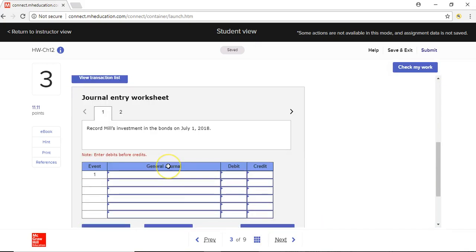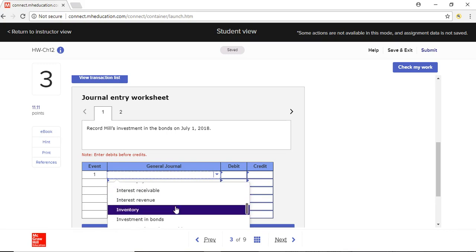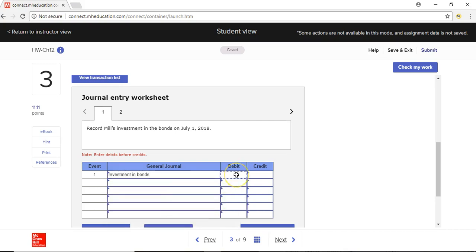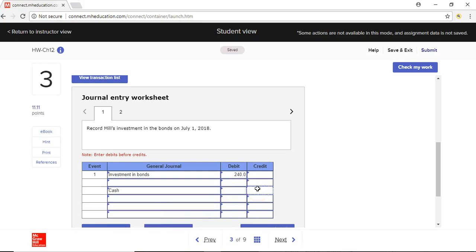So requirement 1, when we first purchase these bonds, we have an investment in bonds for the face amount of these bonds, $240 million, and we paid by cash. The cash amount we paid was $280 million. The difference needs a debit account to balance the entry, $40 million.